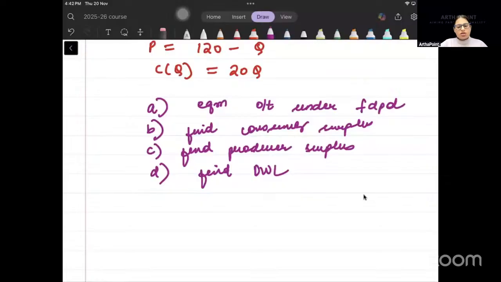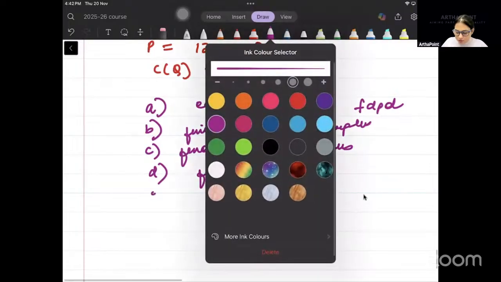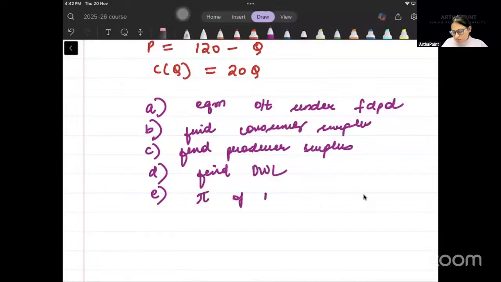Consumer surplus, producer surplus, deadweight loss, सब करो. अच्छा, एक चीज रह गया, find profit also बेटा. ठीक है.